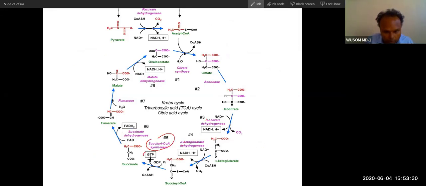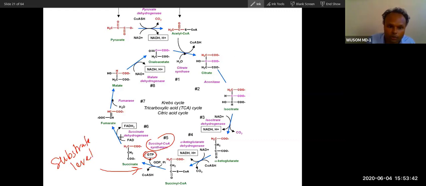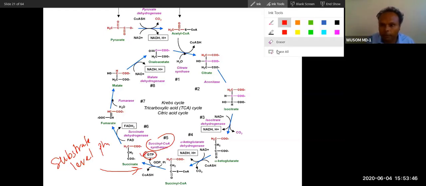There is production of GTP. This is called substrate level phosphorylation, which we see in glycolysis as well as in the Krebs cycle. Here GTP is produced in place of ATP.